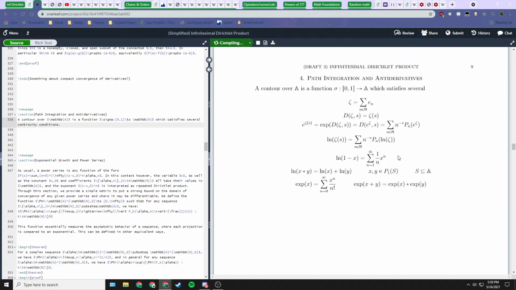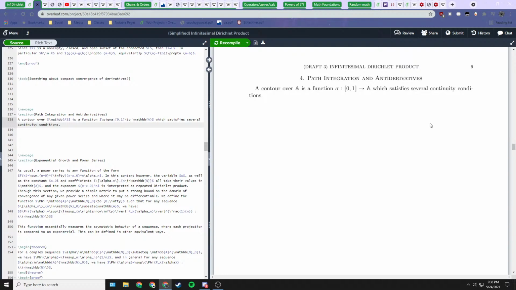Okay, so we want to define what a contour is. So what sorts of curves are we going to be allowing to exist?